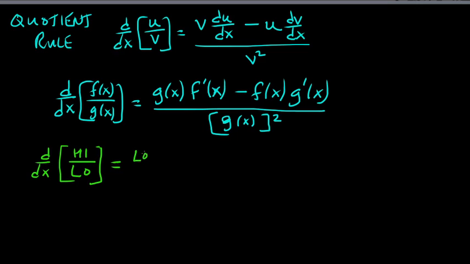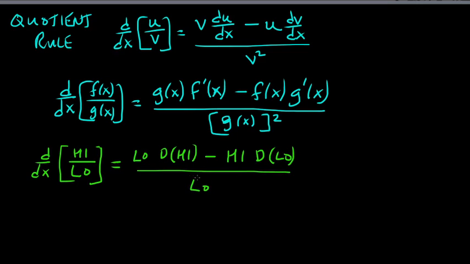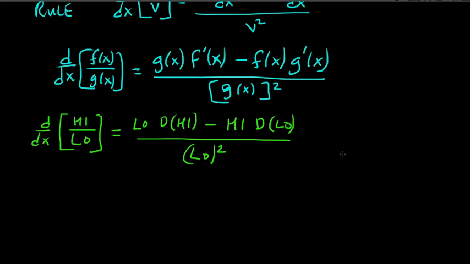Low d high, where d stands for derivative, minus high d low over the square of what's below. If this is what helps you remember the quotient rule, so be it. Same as these, except maybe a little easier.